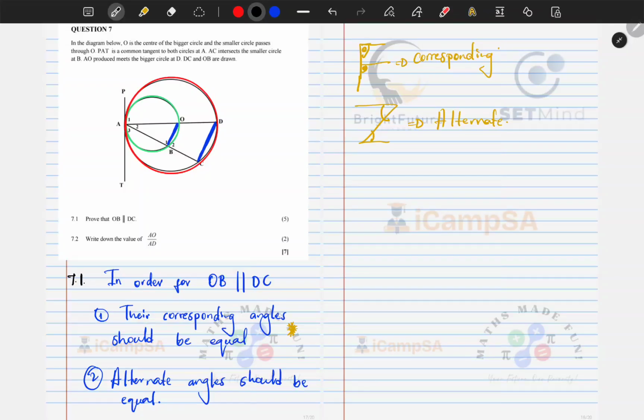Now, remember we said OA is a diameter. So that means that angle B1 is equal to 90 degrees, because it is an angle on a semicircle.